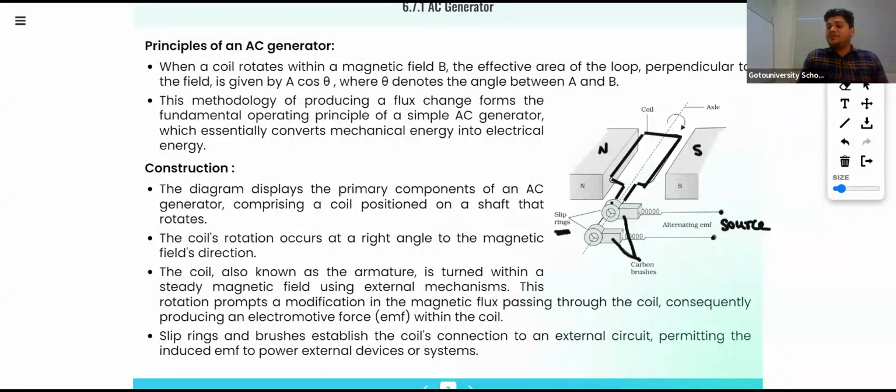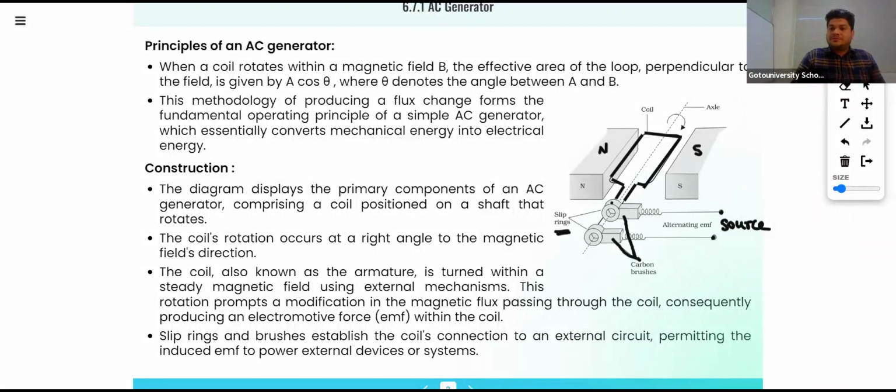Because the entire time the armature coil will be connected to our slip rings, it will be continuously in contact. There will be a collection of induced EMF here, and by means of carbon brushes, it will be sent to the source.